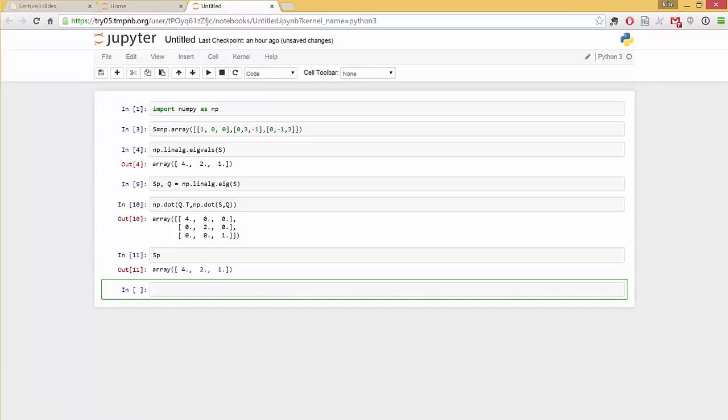If we put those on the diagonal, that's what we got. So it works, right? The eigenvectors, or the principal directions of stress, will diagonalize the stress tensor.